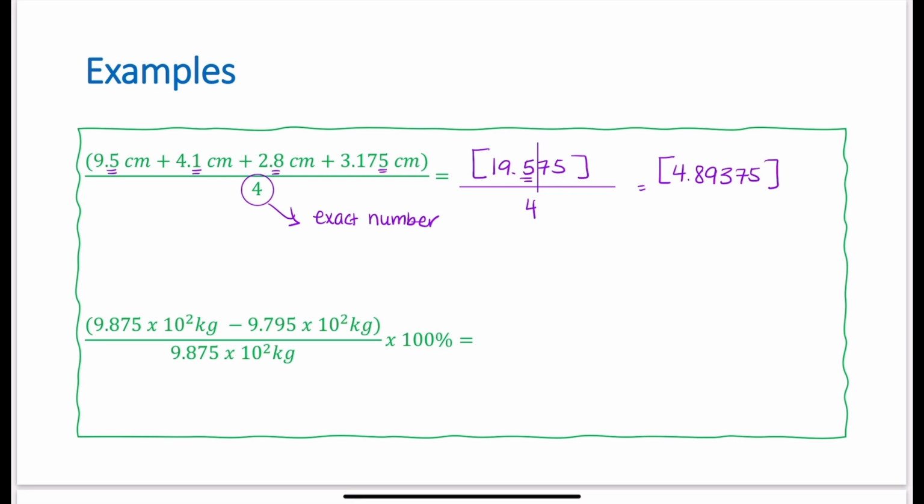So I'm estimating the precision of my measurement. When I'm looking at an exact number, such as this, having exactly 4 measurements, I know it's 4 because it's a number of units, a number of measurements divided by one constant number, the number of them. That means an exact number. They do not limit sig figs.